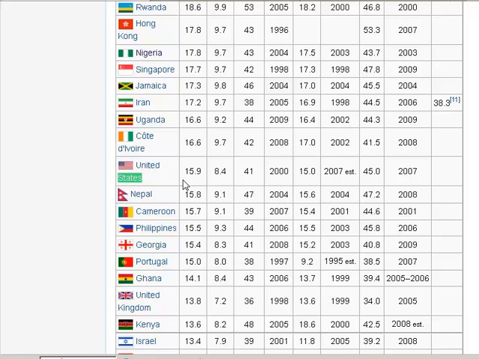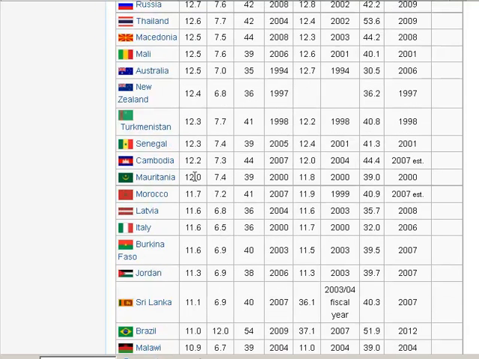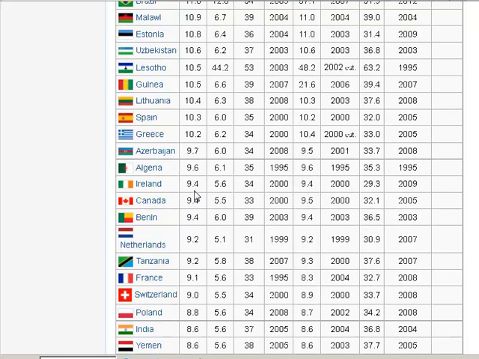I would expect the States to have a higher inequality, but here we're just looking at the data to see how things stand. Where was Ireland again? I think it was 9 point something. There, 9.4.